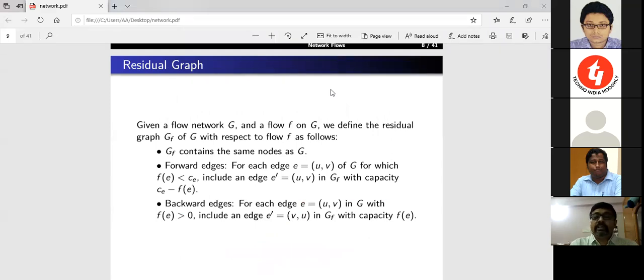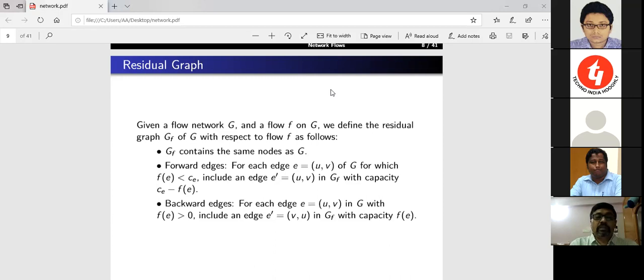For those edges, we introduce an edge in the residual graph with capacity equal to the original capacity minus the flow, which is the residual capacity. So we introduce a forward edge with the residual capacity and backward edges, which is equal to the value of the flow in the reverse direction.